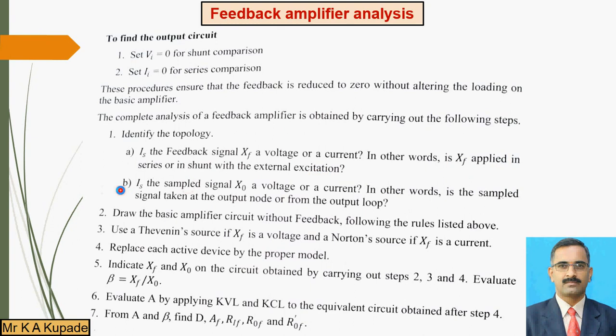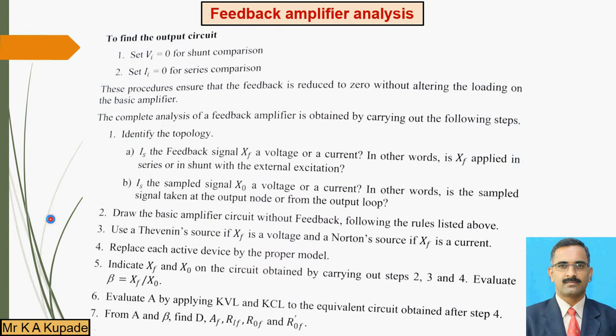Second, is the sampled signal X naught voltage or current? That means whether it is sampled from a signal taken at the output node or from the output loop. That is the identification of the topology. Second, draw the basic amplifier circuit without feedback.